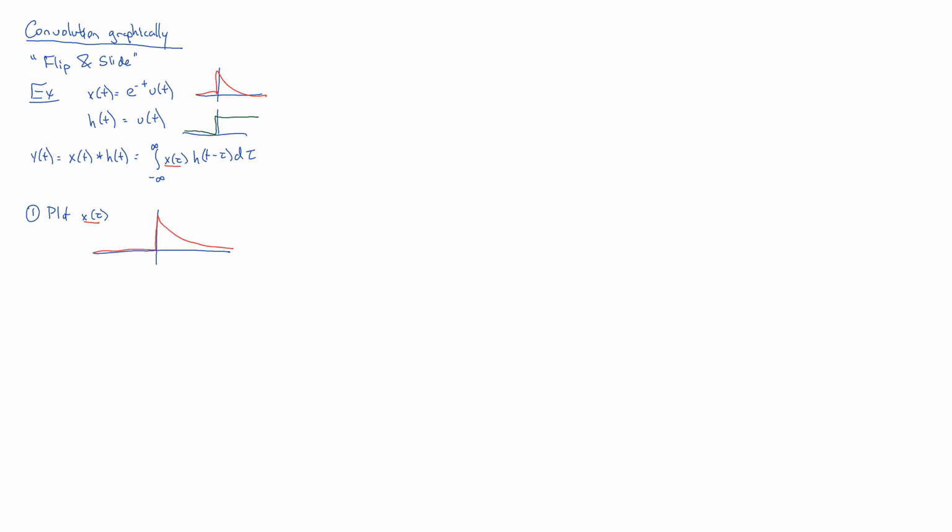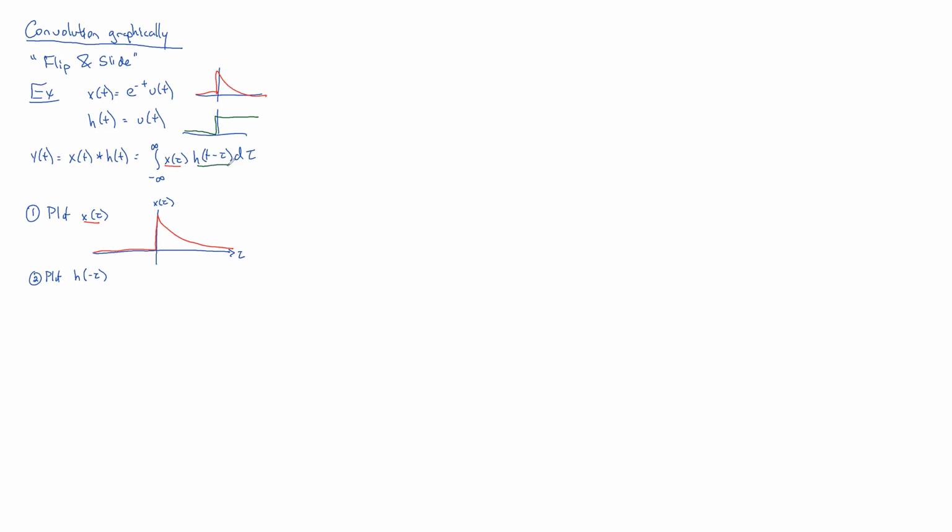So there's our plot of x of tau, and the only difference is that we just changed our independent variable from t to tau. Then the second step is you're going to plot h of minus tau. So we're going to start by evaluating this part.